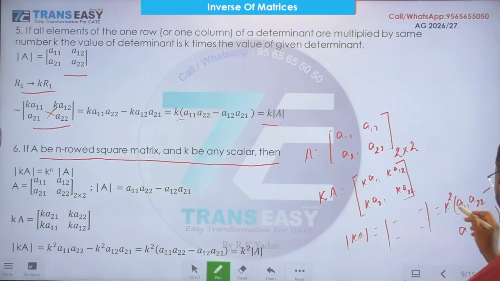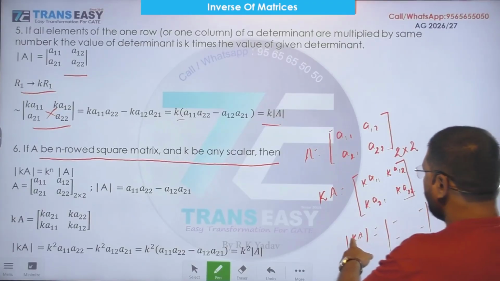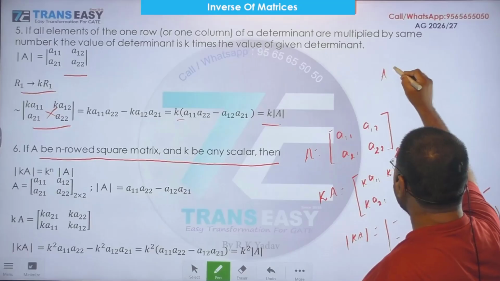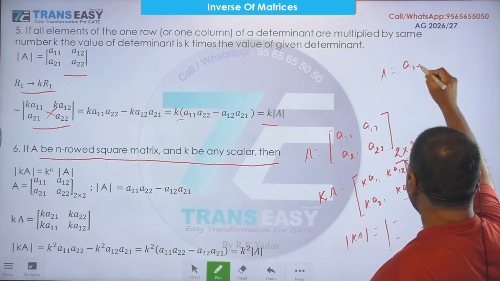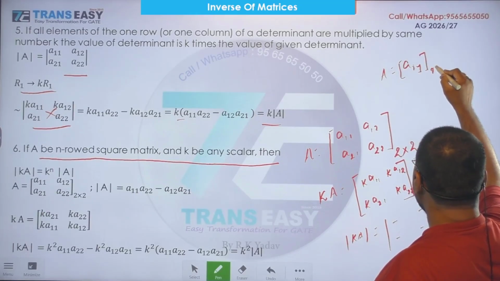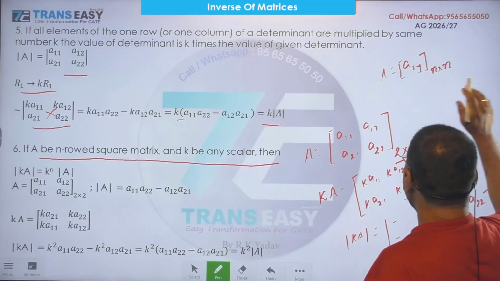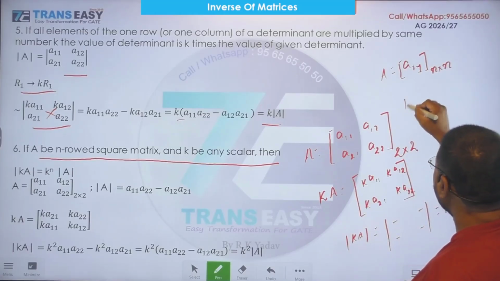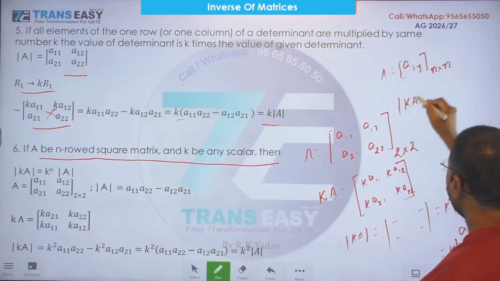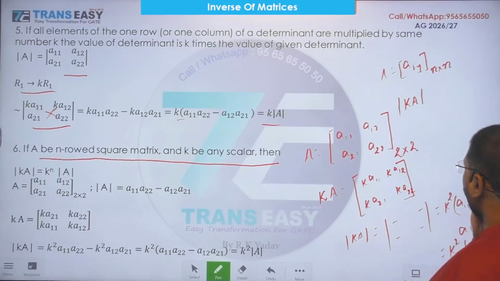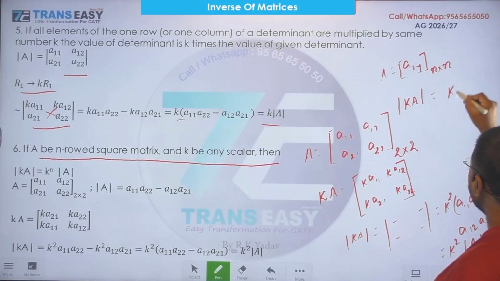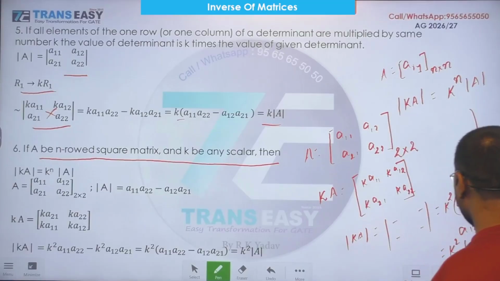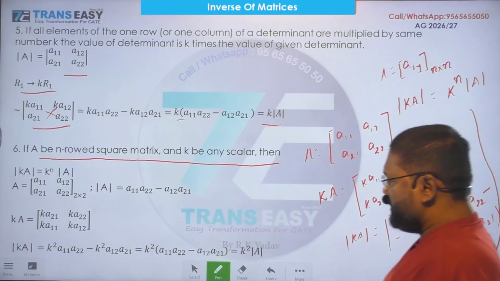And it is multiplied by k square. k square determinant of A, right? So if A is an n order square matrix, then the determinant value of kA comes k raised to the power n determinant of A in this analysis, right?